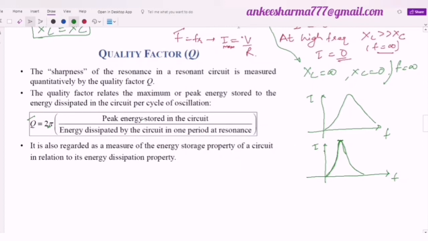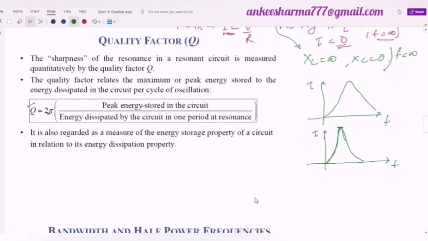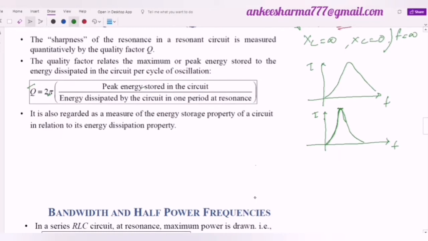If I take the case of this RLC series circuit and I have to find the quality factor, I would say here that this Q will be equal to 2 pi times the peak energy stored. This is the total energy stored at this point. It could be equal to half CV square, or it will be equal to half Li square. Either of these two can be taken. I will take half Li square for reference. It will be half Li square divided by the energy dissipated by the circuit in one period.